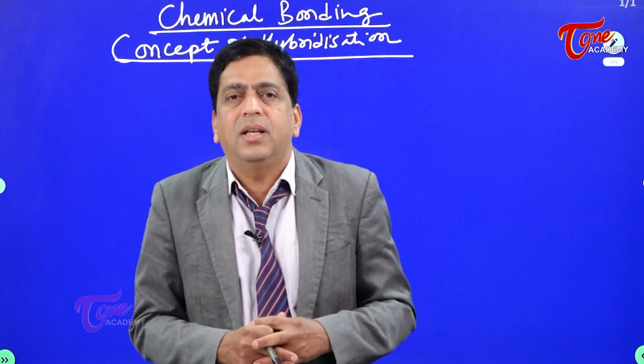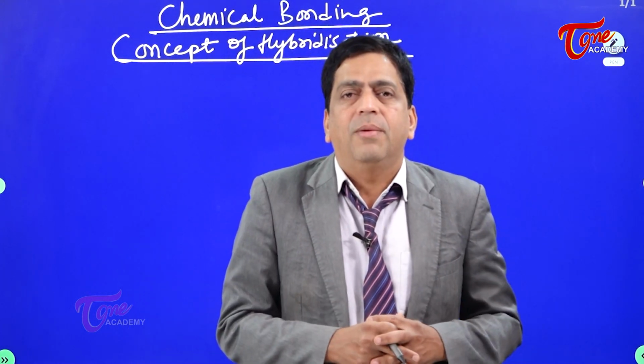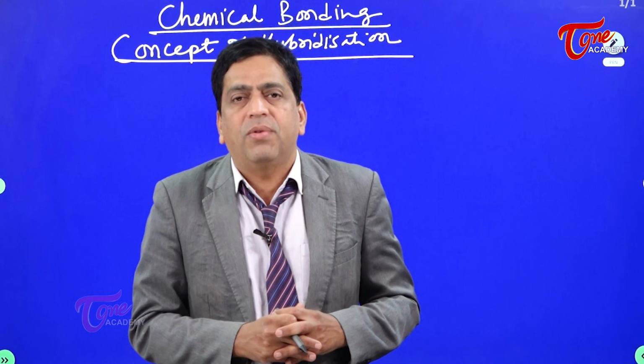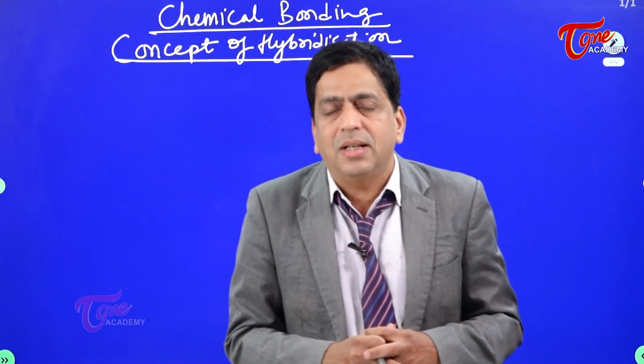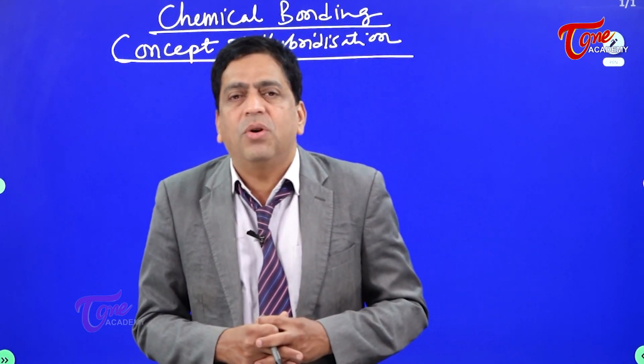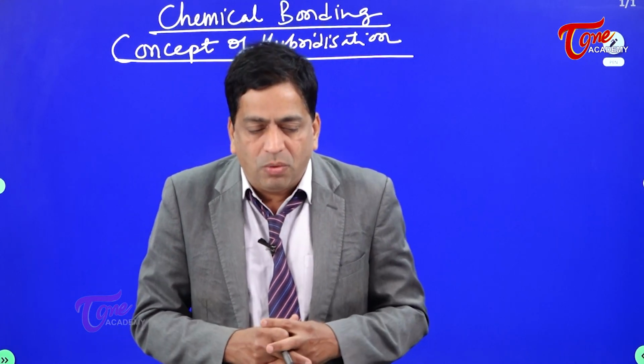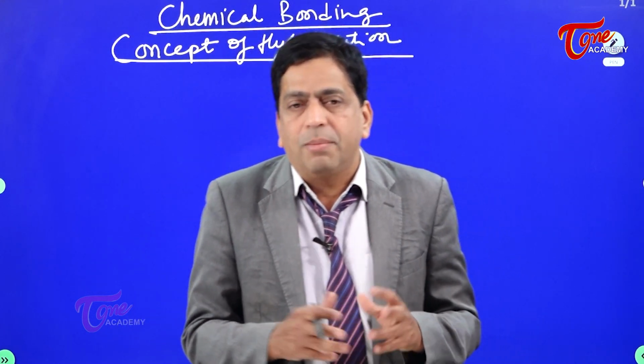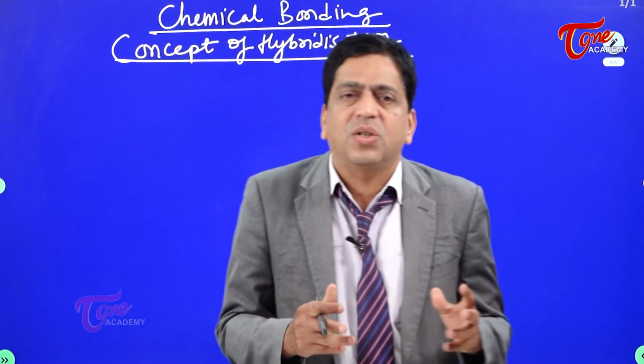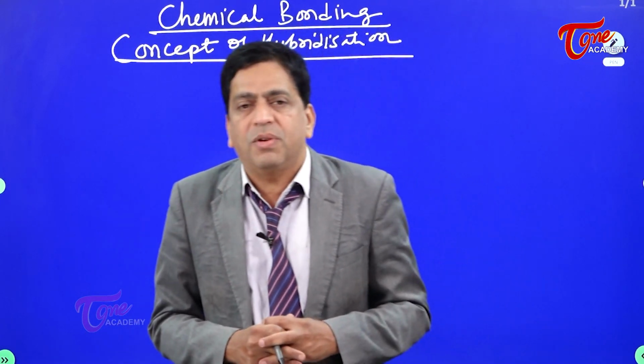So basically one of the highlights which we can take forward forever in our life in chemistry is the introduction of the concept of what? Overlapping. That cannot be discounted throughout chemistry. So one of the biggest highlights of Linus Pauling is the concept of overlapping.